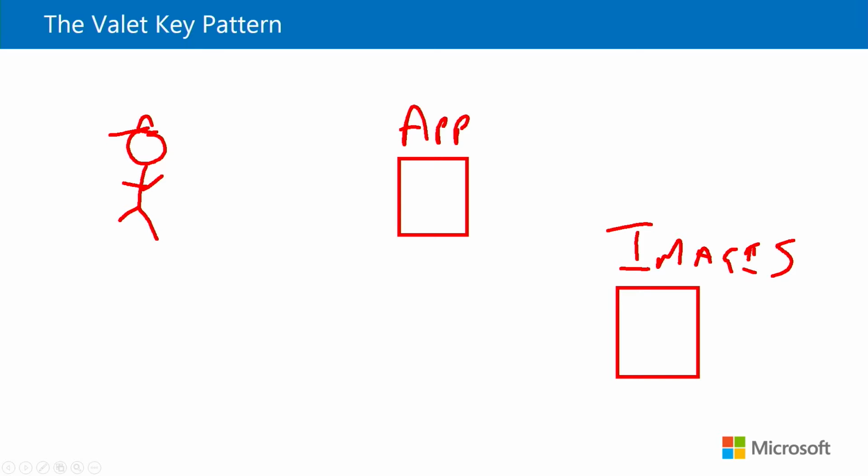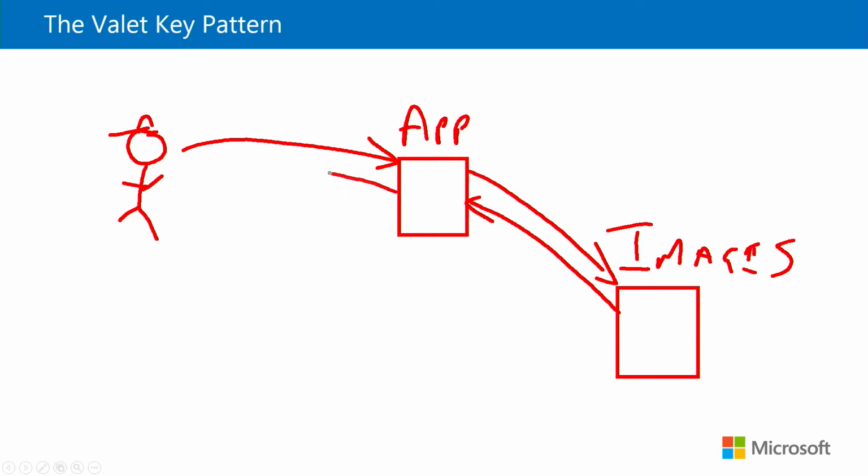Well, one thing, of course, that I could do is the user could come in to the application, the application could go retrieve the image, pull the image back, process that, and send those binaries over to the user. But that's going to be really inefficient. That's a very large load that's being added to the application, right?